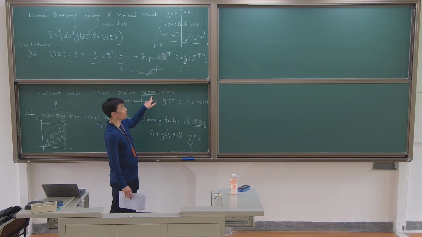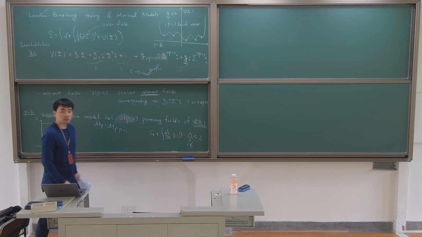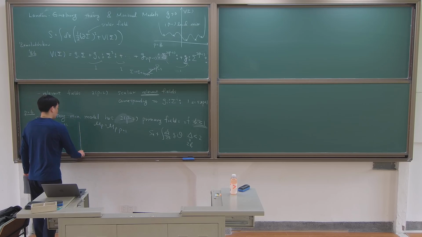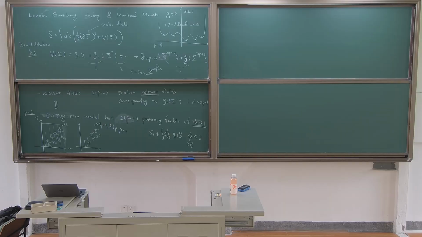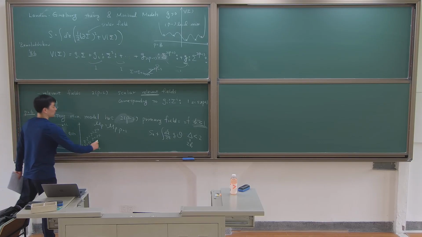So to correspond to relevant fields, you need to impose the condition h less than 1. Those fields give a one-to-one correspondence between the minimal model and the other.